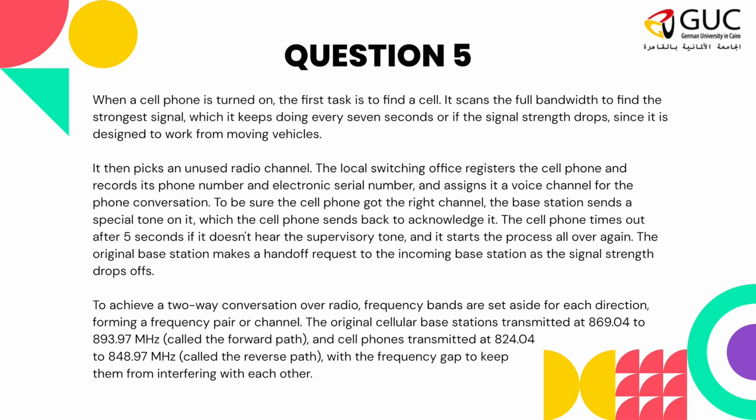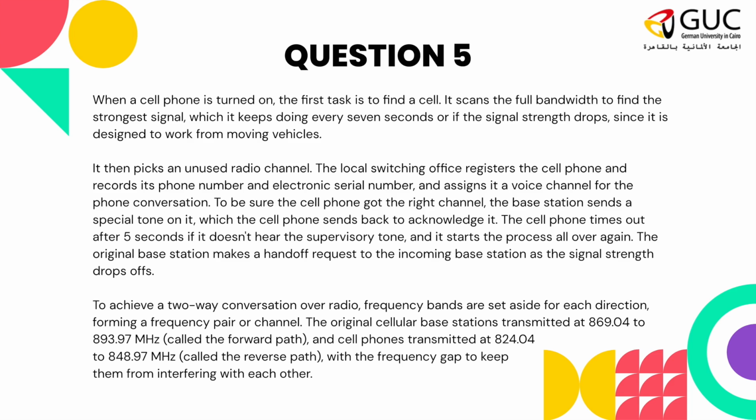The cell phone times out after 5 seconds if it does not hear the supervisory tone and it starts the process all over again. So actually, if the cell phone does not get feedback from the tower after 5 seconds, it will cut all communications and start from the beginning.